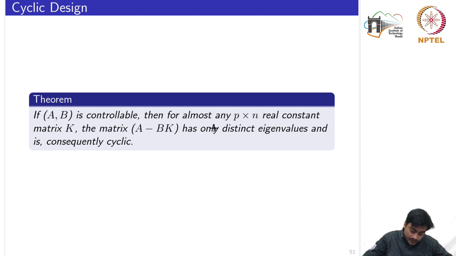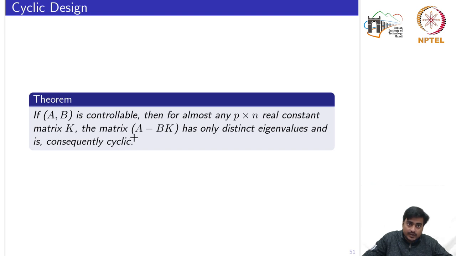Now, if the pair A comma B is controllable, then for almost any matrix K, we can put any matrix K such that this matrix would have distinct eigenvalues and would definitely be a cyclic matrix.